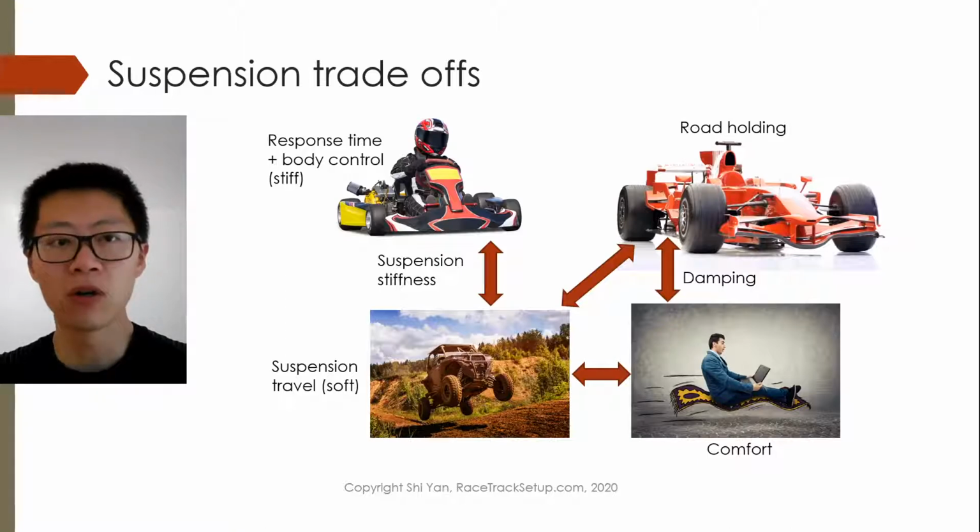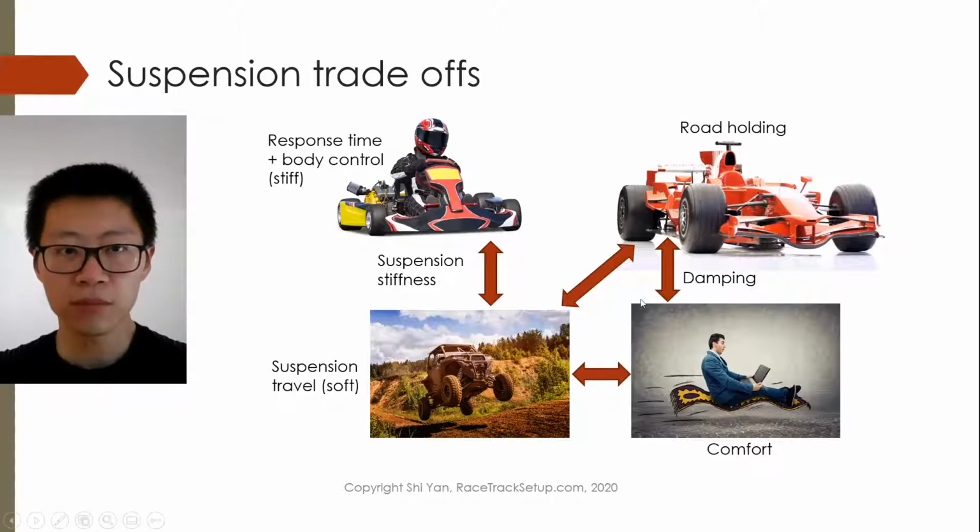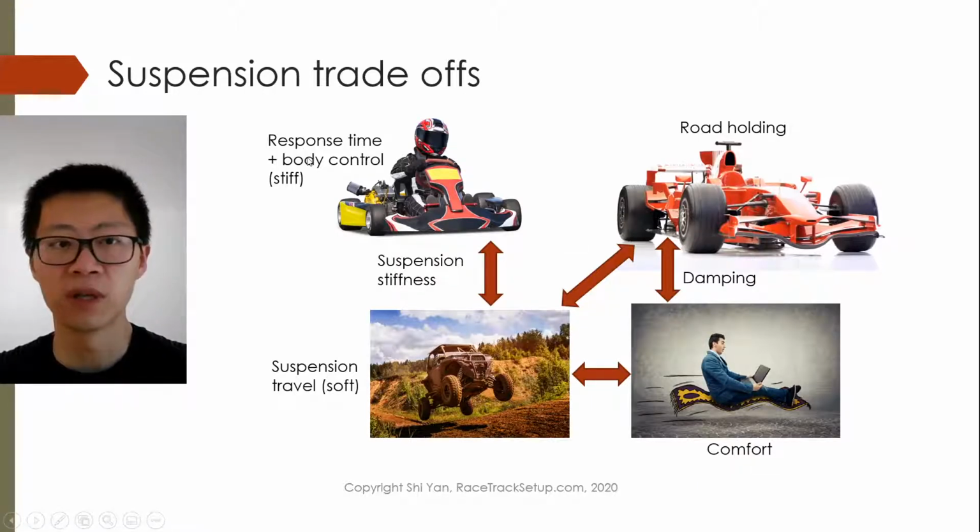The go-kart is very responsive and the body control is really good, but the road holding and comfort on bumpy roads would be really bad. So this is the other trade-off.